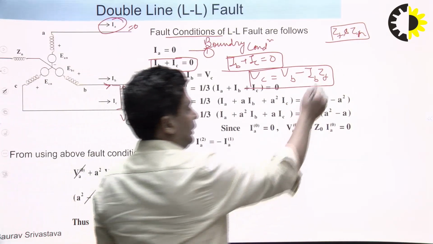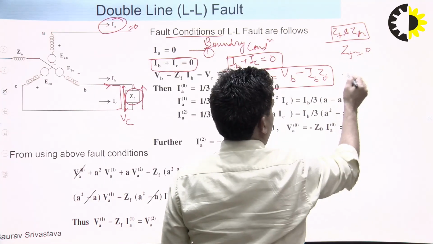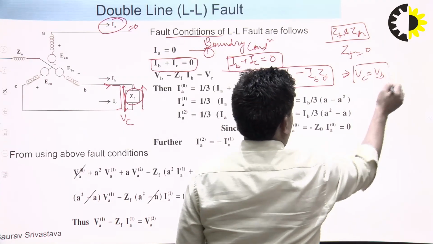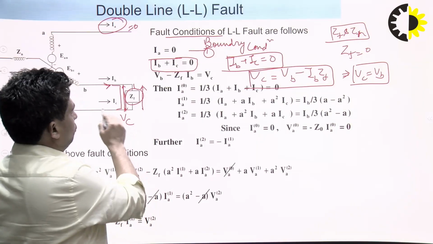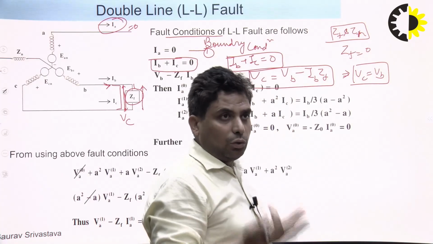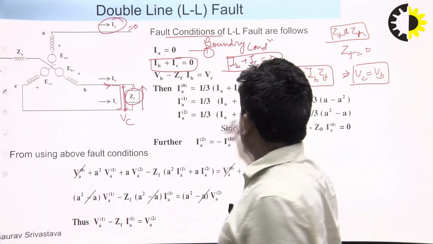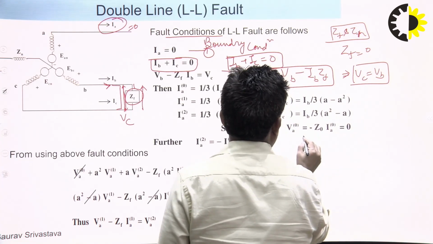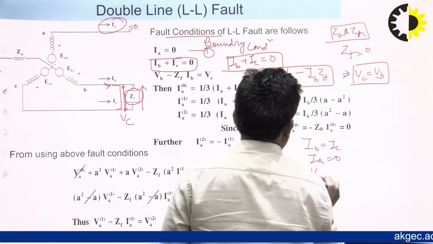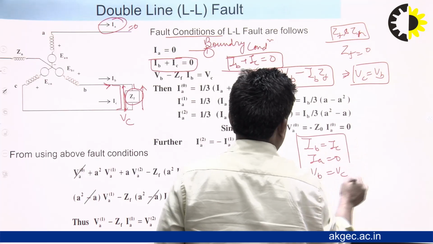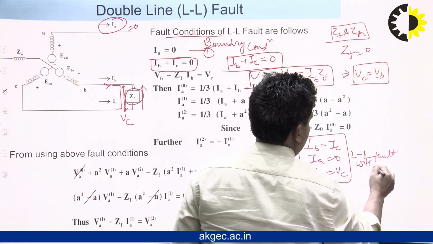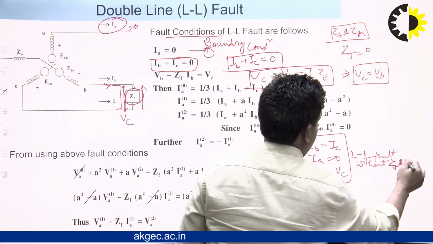If we consider the case ZF equal to 0, the third boundary condition becomes VC equal to VB, that means the phase voltage of B is equal to the phase voltage of C. So without fault impedance, the boundary conditions for the LL fault become IB equal to IC, IA equal to 0, and VB equal to VC, without ZF and ZN.